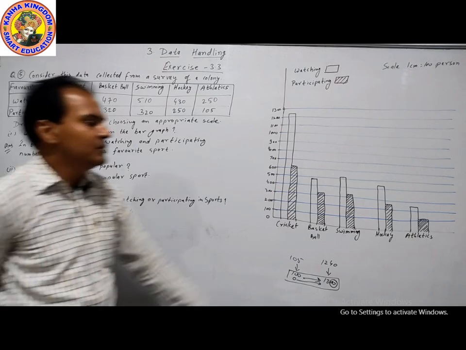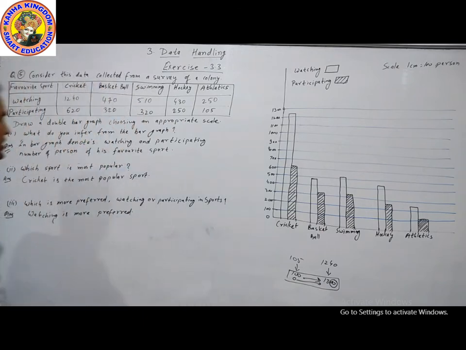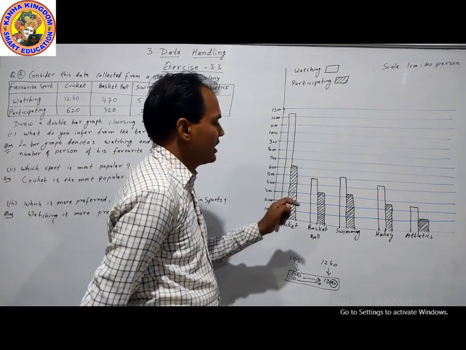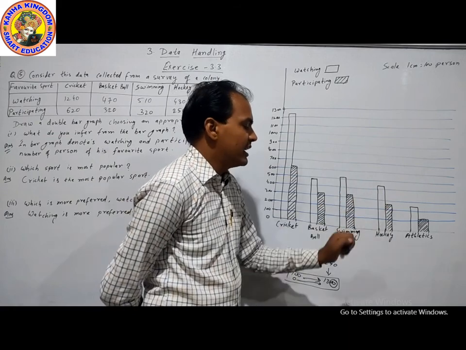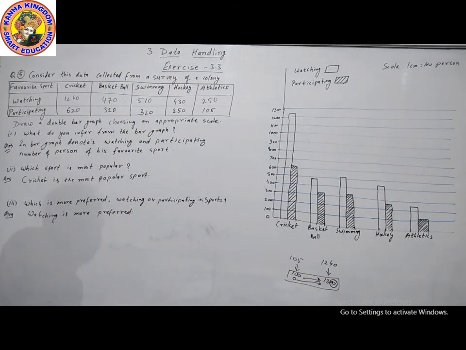The bar in this graph is highest for cricket, so cricket is the most popular sport. Now third one, which is more preferred, watching or participating? In cricket, watching is higher; basketball, watching is higher; swimming, watching is higher; hockey, watching is higher; athletics, watching is higher. So watching is more preferred.